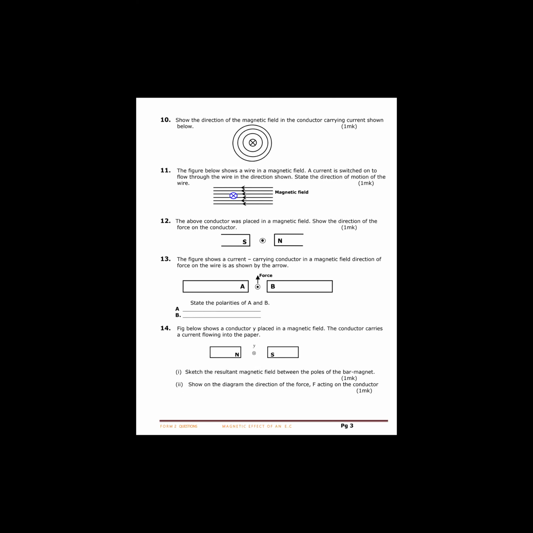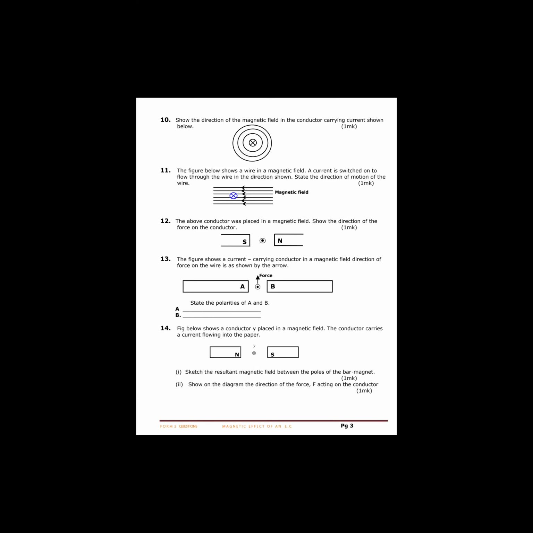Can you state the polarities in A and B? In A, let us give Sami a chance. Sami? A is north and B is south.